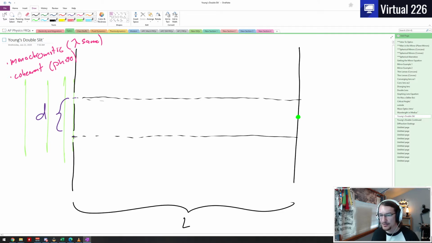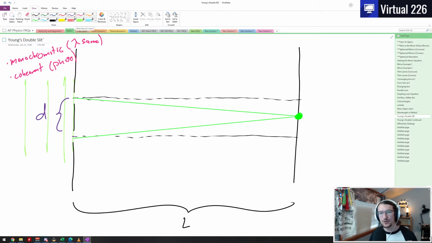If we go from the slits and arrive at this point in the middle, we should readily see that this light travels the same distance, from the top slit and from the bottom slit to that point on the viewing screen. There is no change in the amount of distance the light has traveled.